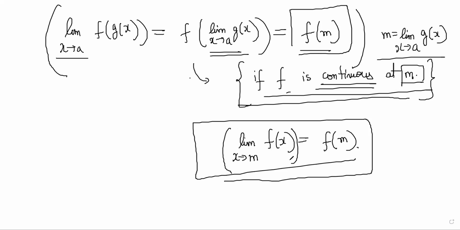First of all, this limit should exist, and the value of that limit should be equal to the value of the function. So that is the meaning of continuity. If it is continuous at m, then you can take this limit inside and take the limit of this and find out f of m.